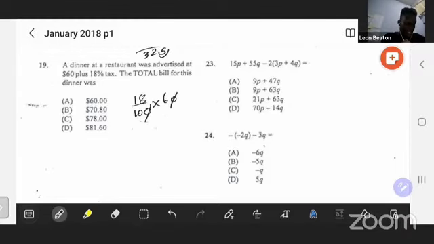Let's do some more canceling out so that we can make our work easier. 18 divided by 2 is 9. So 9 times 6 will be 54.